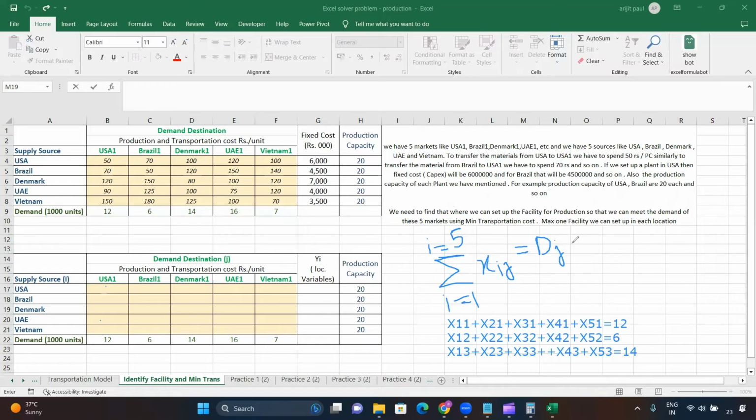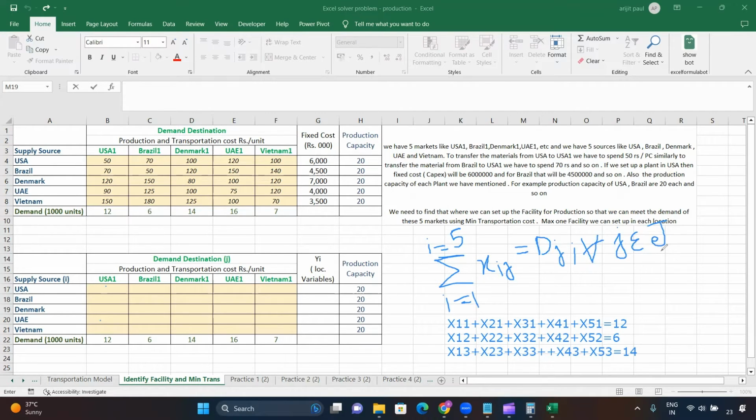And as this formula is applicable to all the j markets, we need to write, this is applicable for all set of j markets.